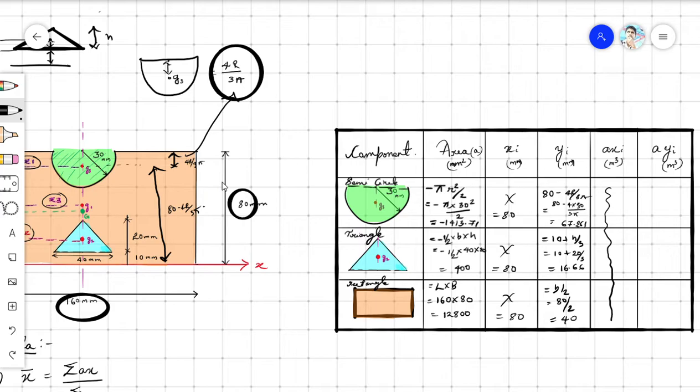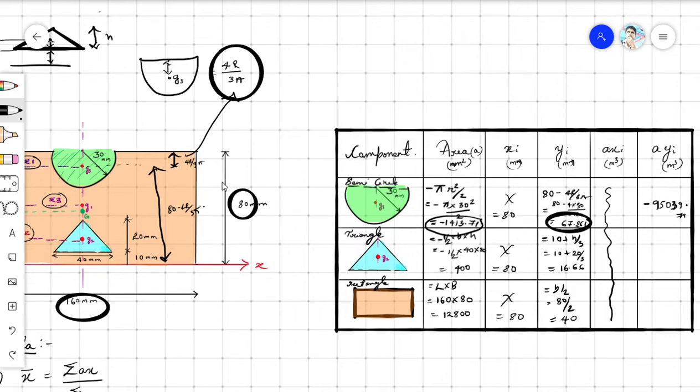So minus 1413.71 into 67.261 gives you around minus 95039.79.